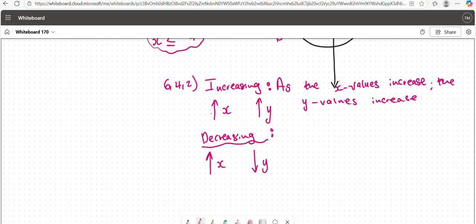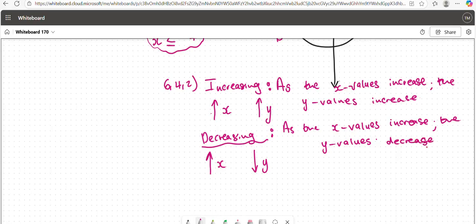So this one is saying the inverse of that, slightly inverse. It says as the x values increase, the y values are decreasing. So remember these definitions. The y values decrease.